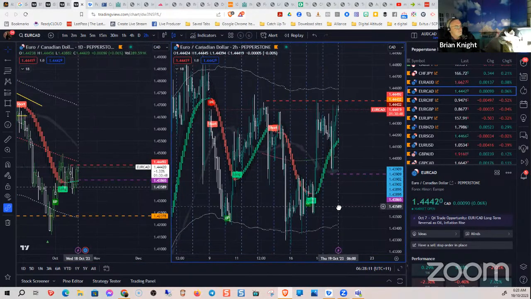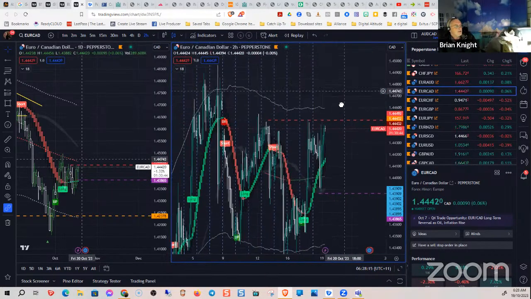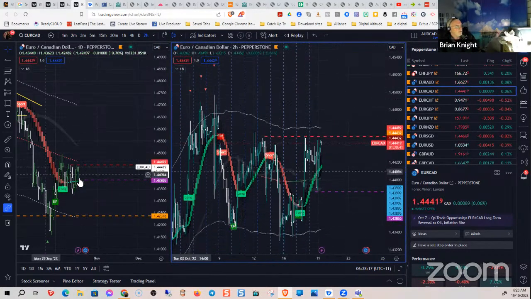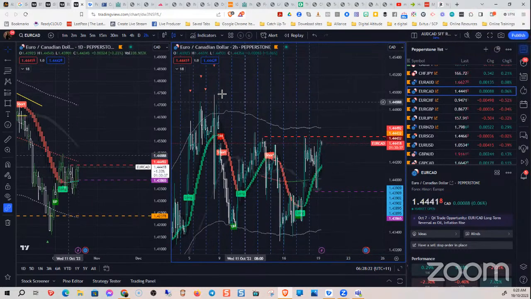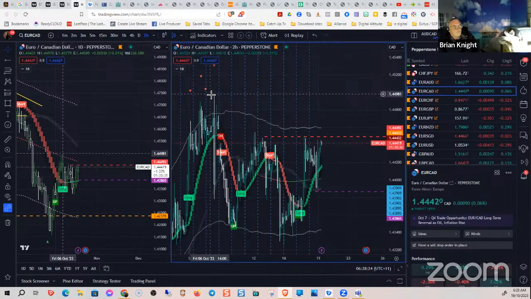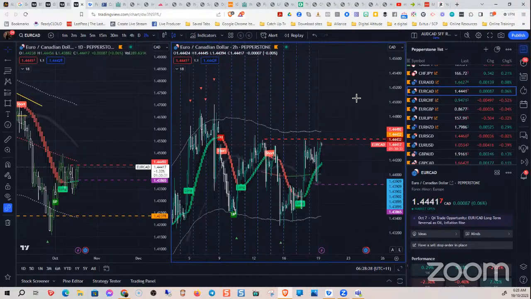Where that white wick is. So you reckon it could quite easily, see it's going a bit sideways on the daily, you reckon it will break this high up here? I think yes. I think it's going to start working back to the top of that ribbon on the daily.